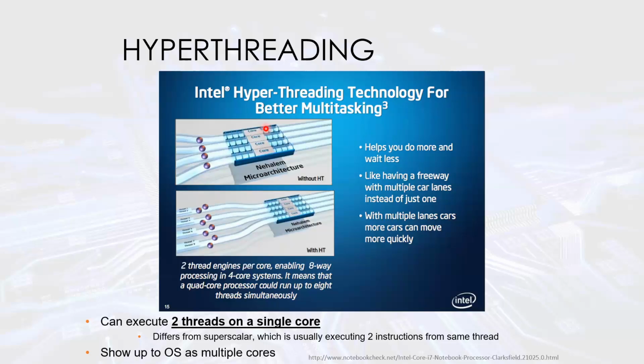And the operating system doesn't know, hey, this is actually just one data path, and maybe it's pipelined and superscalar and all this stuff, but the operating system thinks that it has 2. It gets like 2 for 1. So you can see this image down here, and we watched the video. But essentially what that gets us is the operating system, instead of thinking it can schedule 4 things at once, thinks it can schedule 8 things at once. And the hardware underneath basically takes care of all the details.